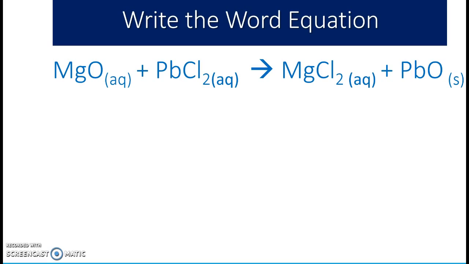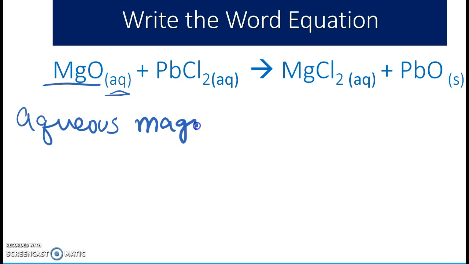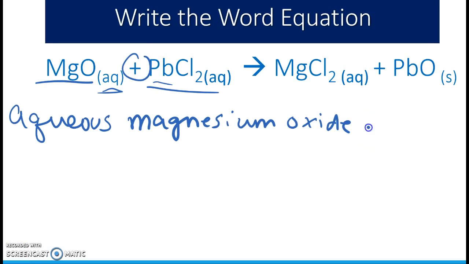Two last examples. In this one, again, we're going to write out the word equation. So we have aqueous magnesium oxide, plus lead 2 chloride.